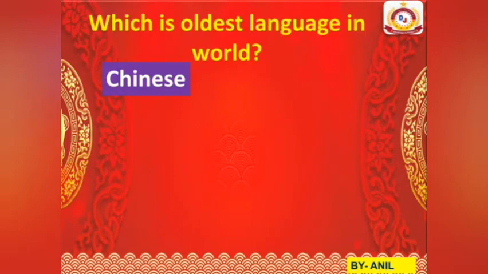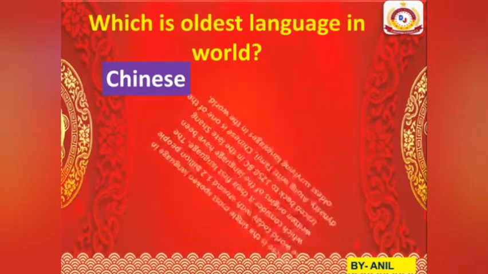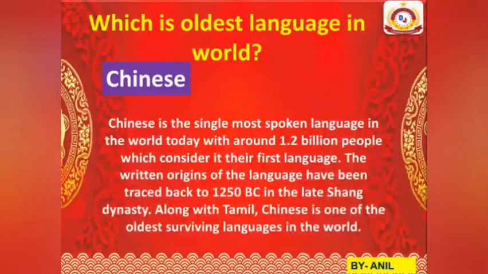Which is the oldest language in the world? As I told you, Chinese is the kind of language which is the oldest. Chinese is the single most spoken language in the world today, with around 1.2 billion people considering it their first language.